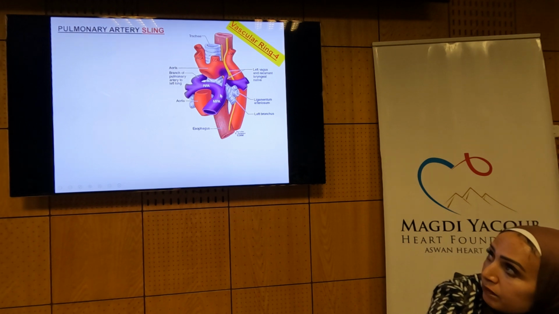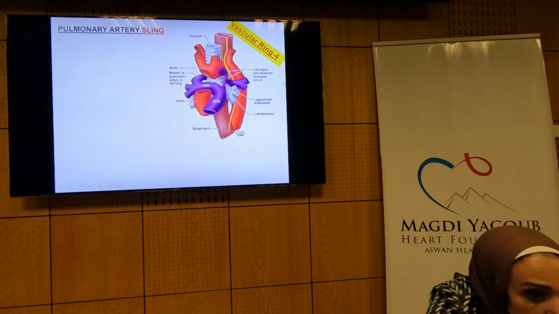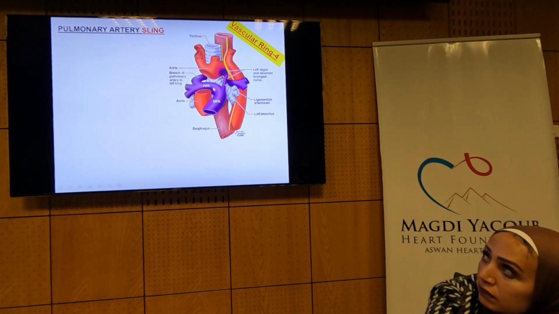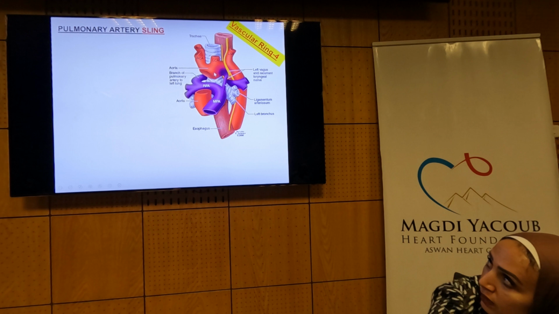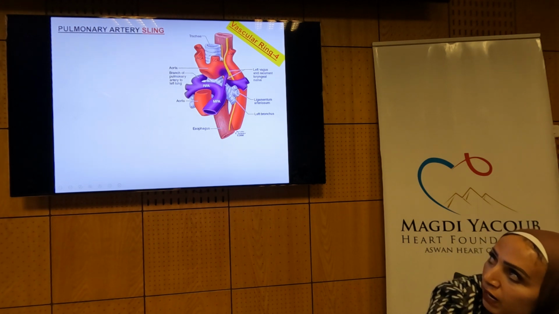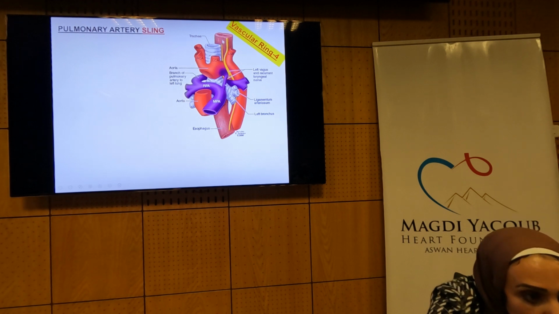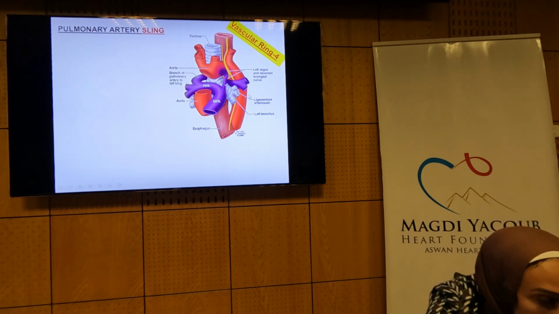Here we have the main pulmonary artery, and we expect the right pulmonary artery here, and the left one here, but that doesn't happen. Here, this is the right pulmonary artery, giving the left pulmonary artery from its side, going posteriorly behind the trachea, but in front of the esophagus, and going to the left lung here.